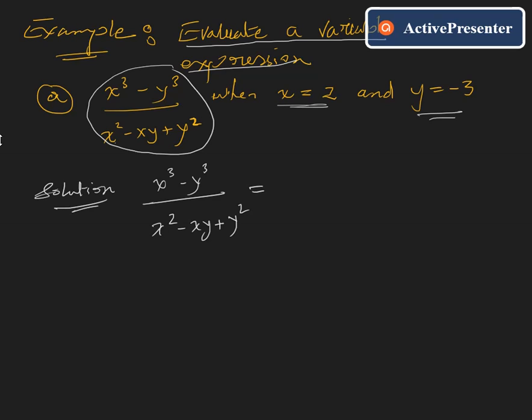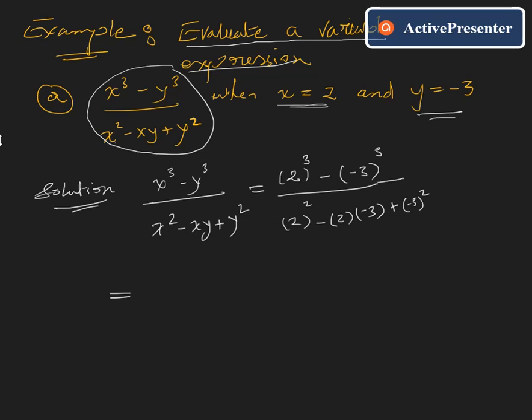So x cubed means 2 cubed minus y cubed, with y equal to minus 3, so minus minus 3 cubed, over x squared, which is 2 squared, minus xy, meaning minus 2 multiplied by minus 3, plus y squared, which is minus 3 all squared.